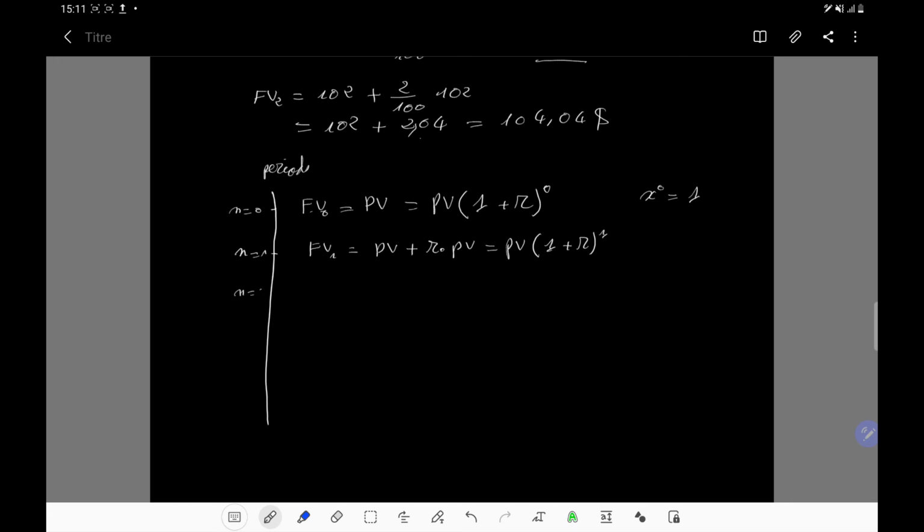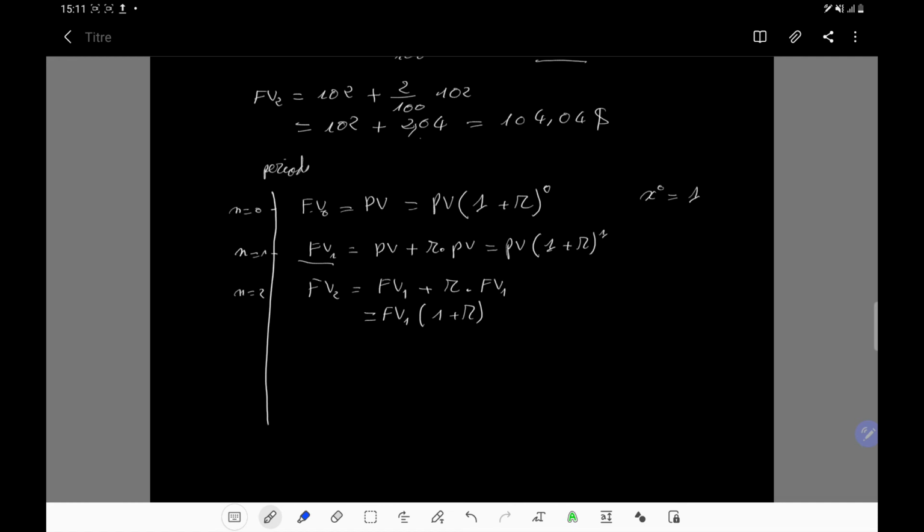Okay, at the year number 2, future value 2 equals what? Equals what I have at the year number 1. Future value number 1 plus interest rate times future value 1. Okay, we'll factor by future value 1 times 1 plus r.